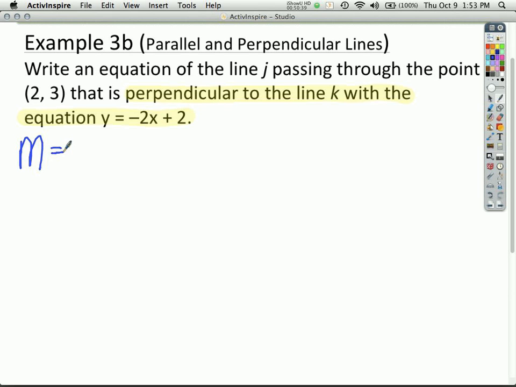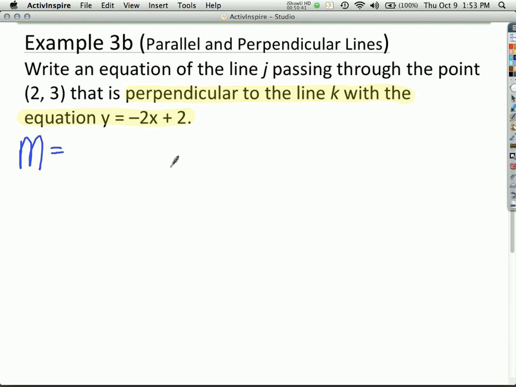It's our job to interpret this. If we use the word perpendicular and this equation, we should be able to figure out what m is. So think about what you think m is and give me a thumbs up when you've got it.